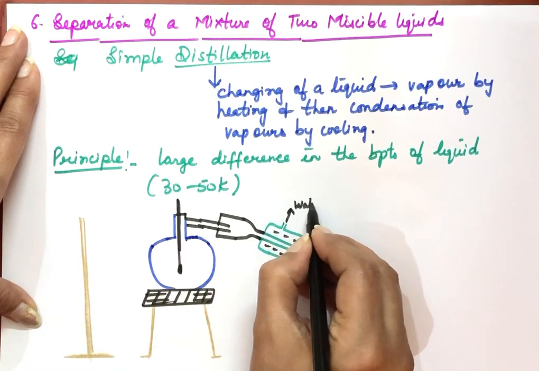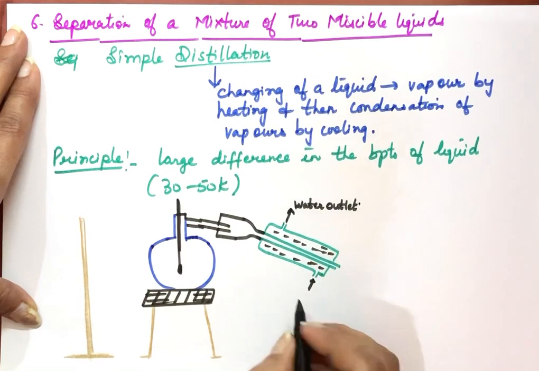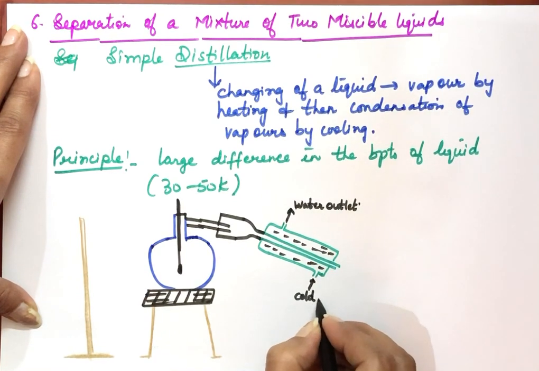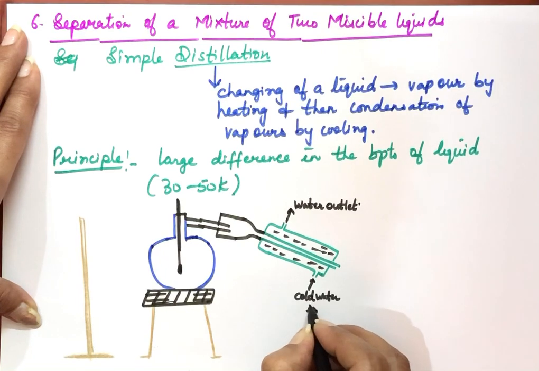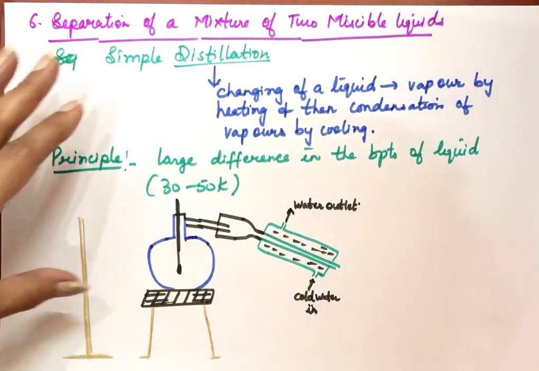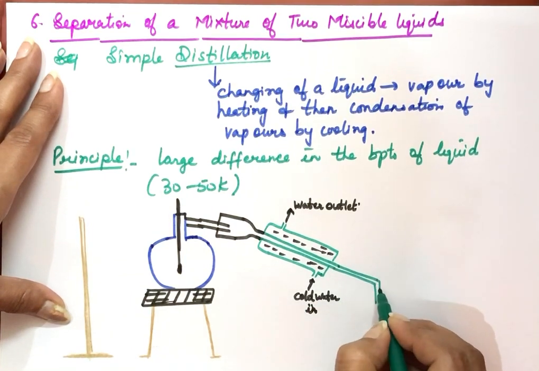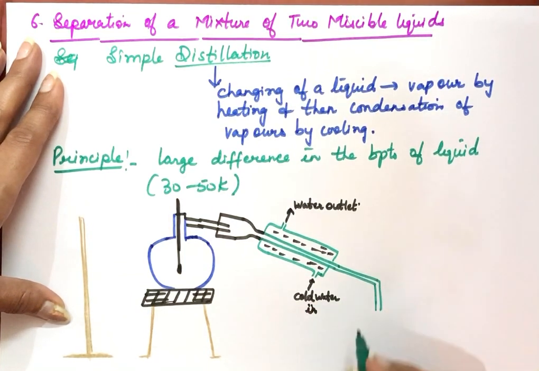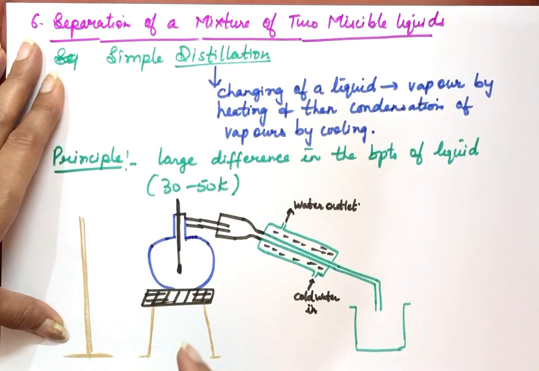So there is a water outlet here, and from this side the cold water enters. At the other end of this condenser, under this we will keep an empty beaker, and then we have to heat this mixture.